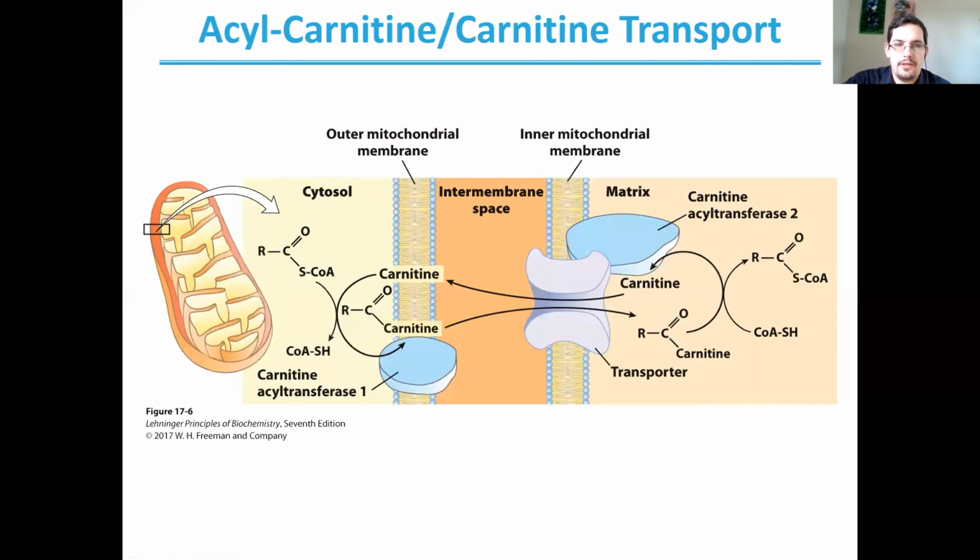So here's what that transport process looks like. We start out with our acyl-CoA that we just synthesized in the cytoplasm. We take that fatty acyl-CoA and we're going to use a carnitine acyltransferase enzyme, which will take our fatty acid chain.